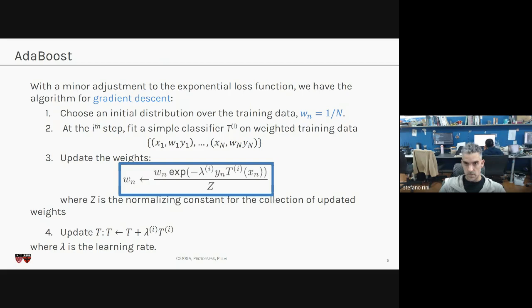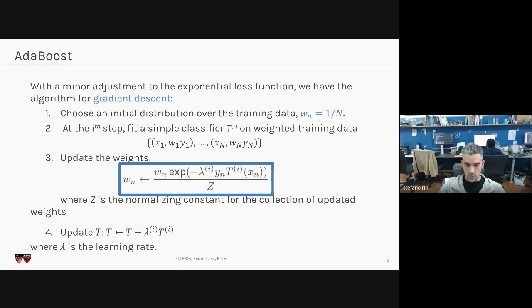So let's do a minor adjustment to the loss function so that we can get the gradient descent. We choose the initial distribution over the training set, where a point is selected with probability omega equal to 1 over n. At step i, the classifier tries to minimize the weighted training error, where the omegas are initially drawn from the uniform distribution.